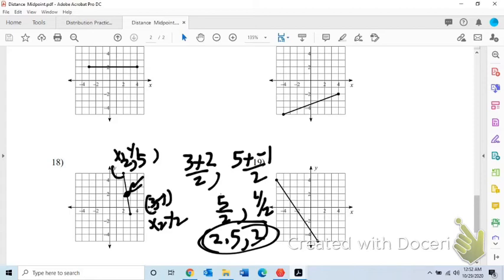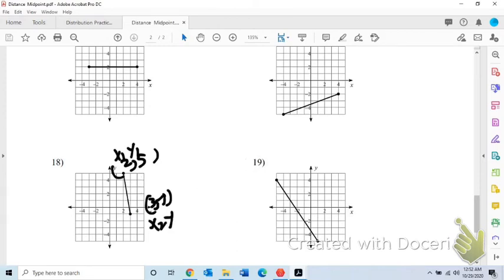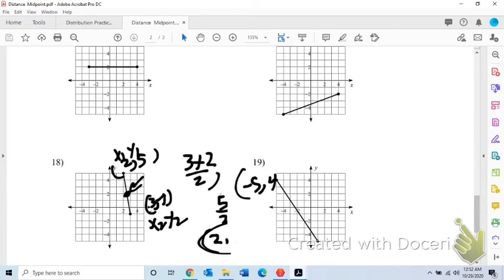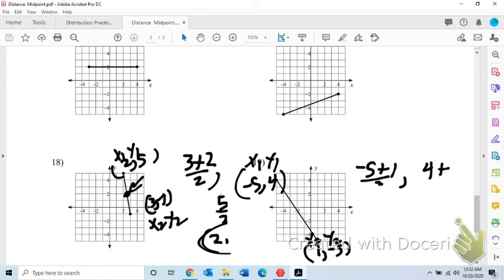While we're here, let's just do 19. So we have negative 5, 4, and 1, negative 5. It's my x1, y1, my x2, y2. So we have negative 5 plus 1 over 2, 4 plus negative 5 over 2.